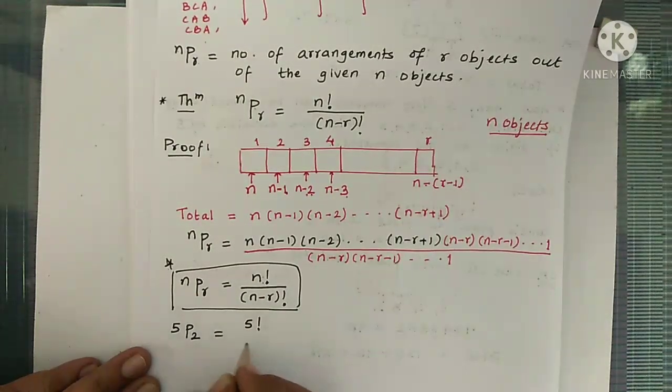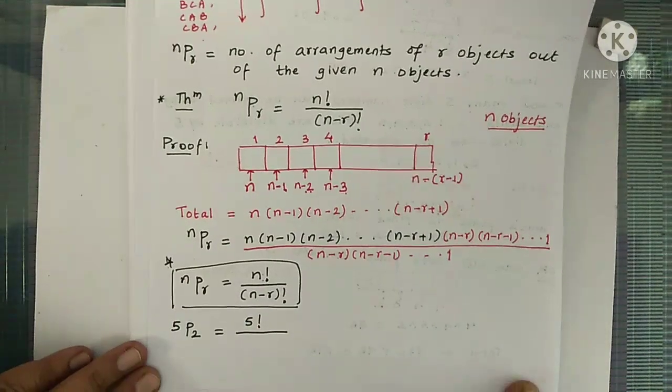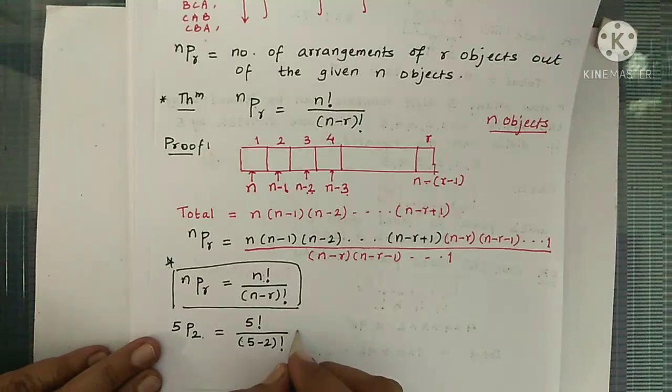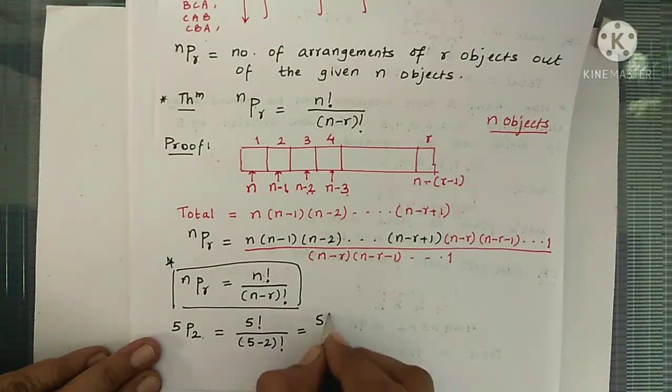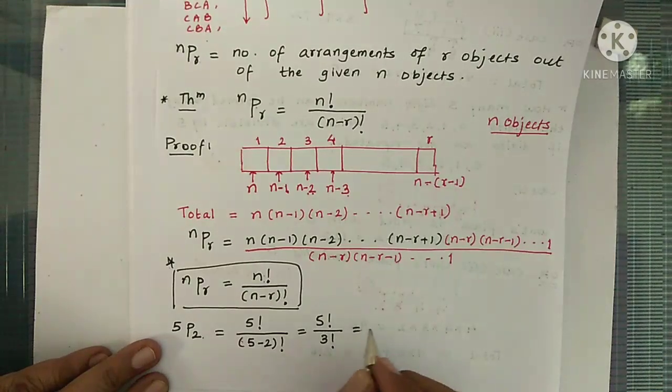So it is 5 factorial divided by, we have to find the difference of these two, and write the factorial in the denominator. 5 minus 2. So let's write like this, and let's calculate in the next step. 5 factorial divided by 3 factorial.